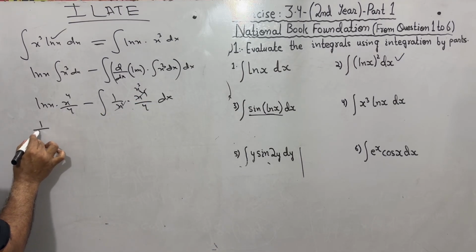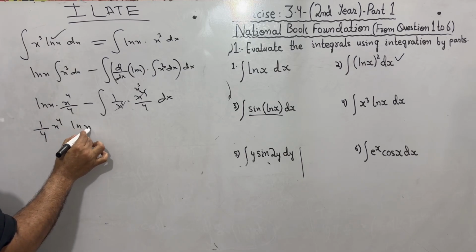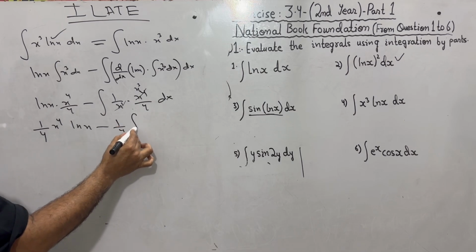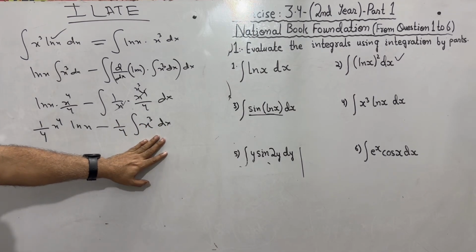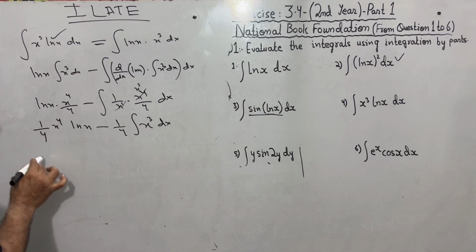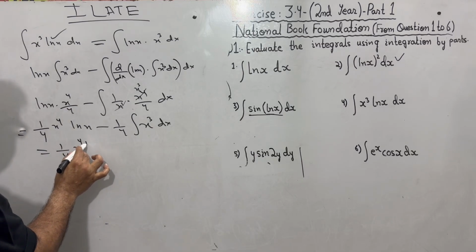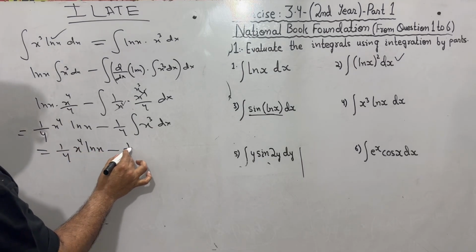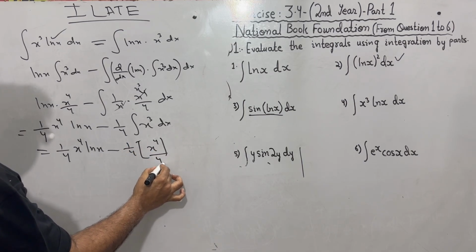I can write this in that fashion: 1 over 4 x4 times ln x minus 1 over 4 outside the integral sign x cube dx. In a simple algebraic function x cube, add 1 to the power. Writing the rest same: 1 over 4 x4 ln x minus 1 over 4, integration of x cube is x4 divided by 4.